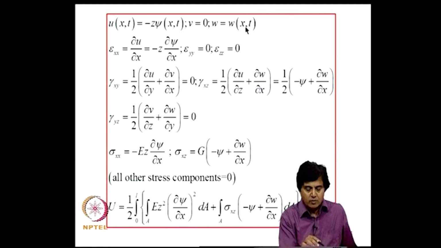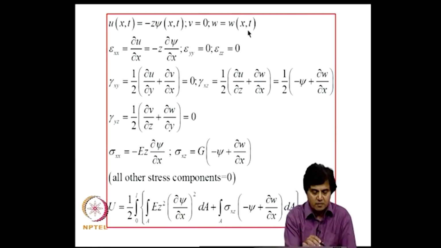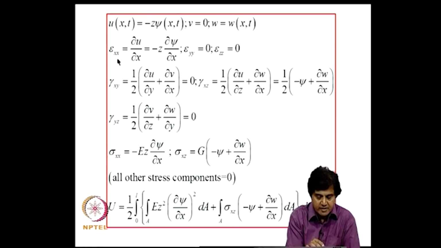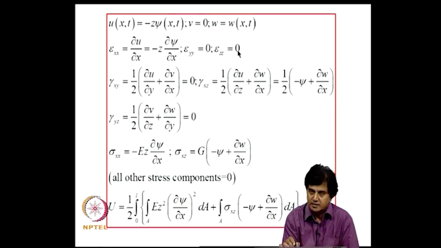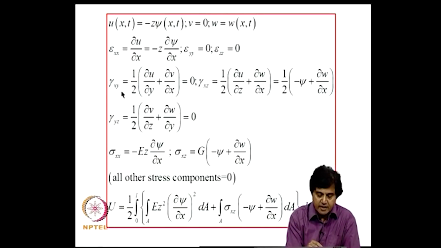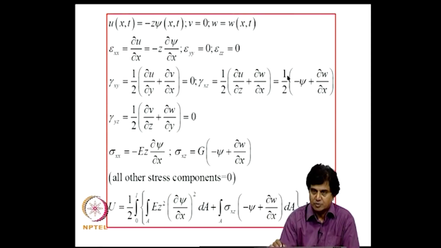So, this is the assumed displacement form. Now, we consider the strains, epsilon xx is dou u by dou x, I get this, epsilon yy and epsilon zz are 0. Shearing strain gamma xy is 0, gamma xz, now I get this as the expression. Similarly, gamma yz is 0. So, this is a new term.